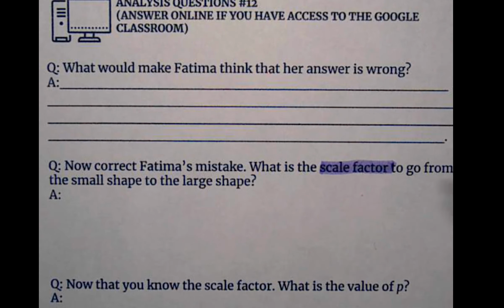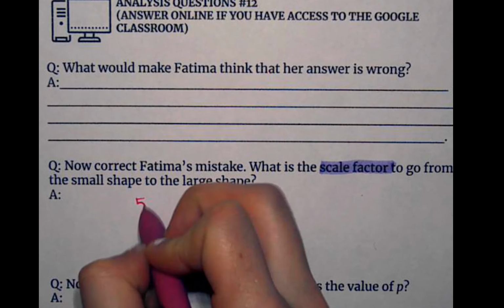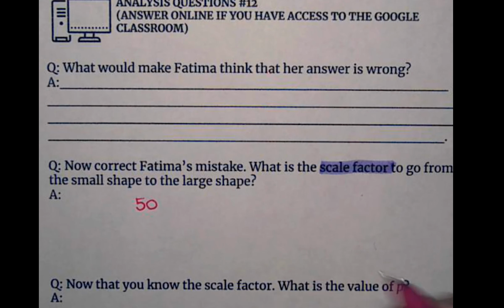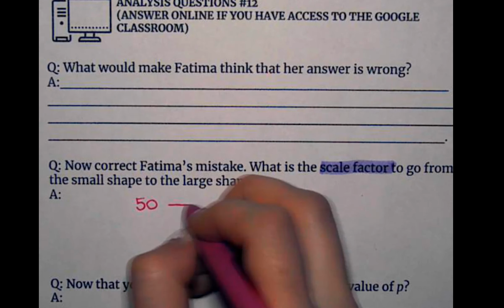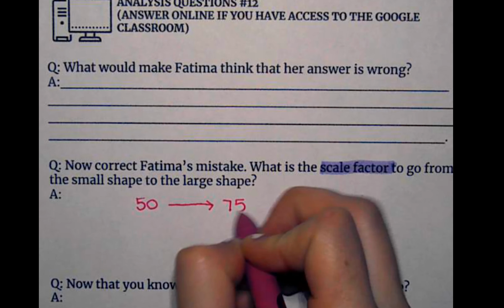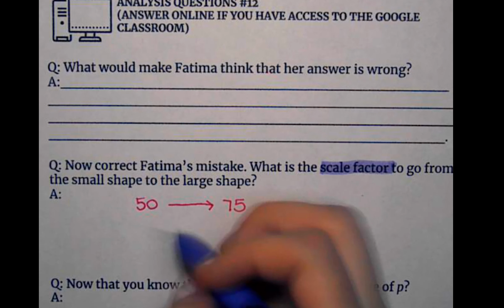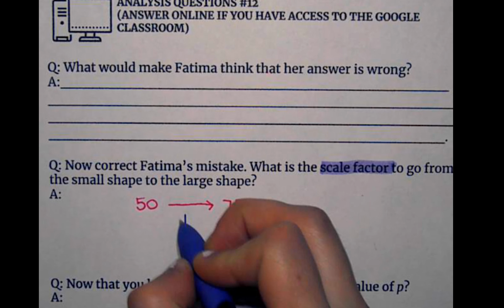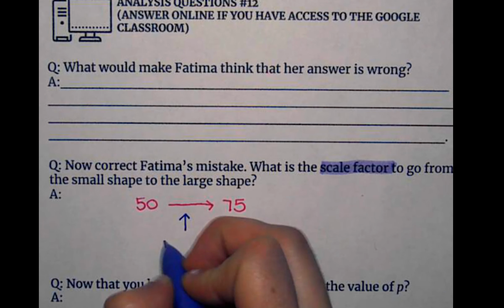The multiplier to go from the small shape to the large shape, which means that you're going to have to take some number like, I don't know, 50, which is in our pink highlighted zone, and you're going to have to go to 75, and you need to find the mystery multiplier that goes here.